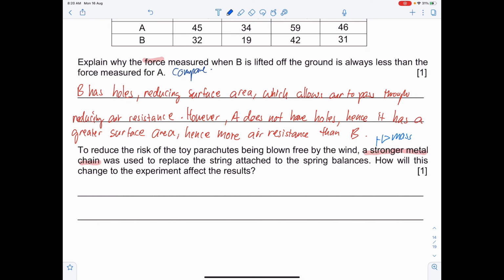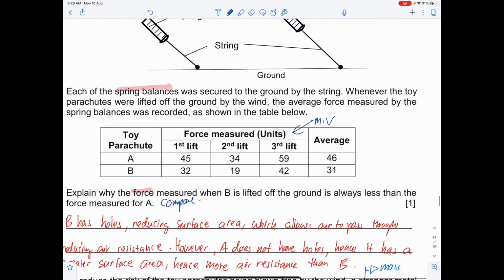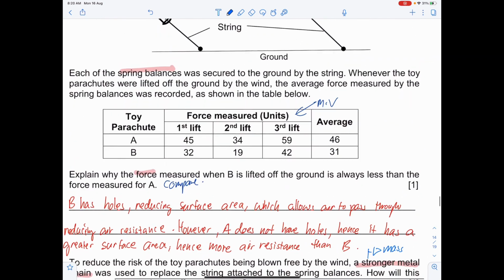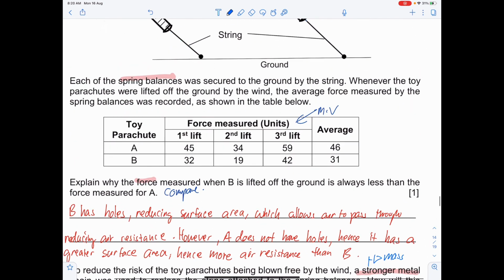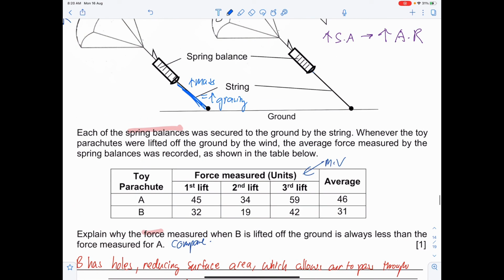If your string is changed to metal, there is more mass, so an increase in mass will result in an increase in gravity acting on the chain, or on the setup, since the chain also has weight.